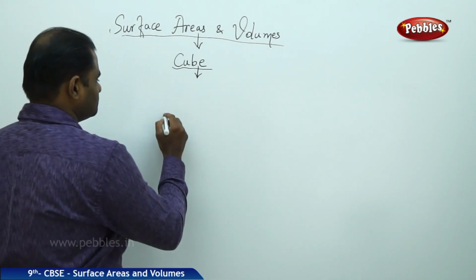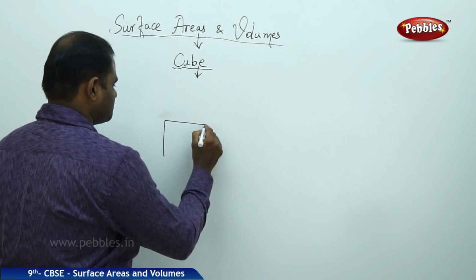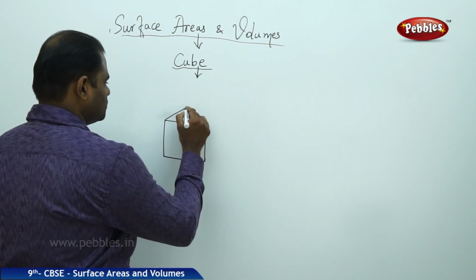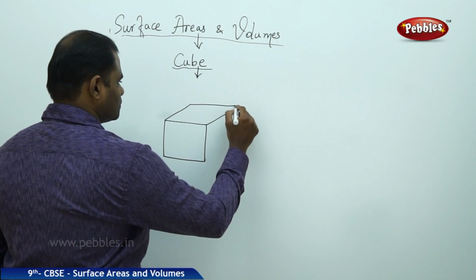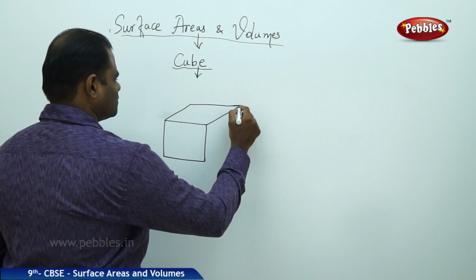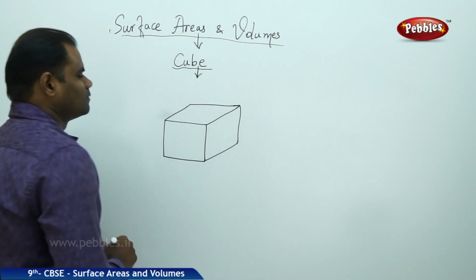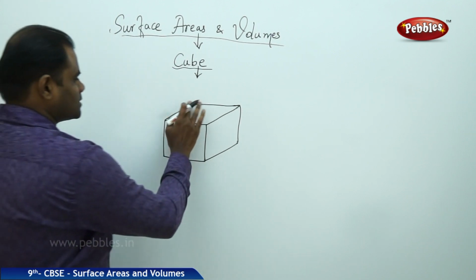So if I have all the sides being equal, then this is a cube because it has all its sides equal.